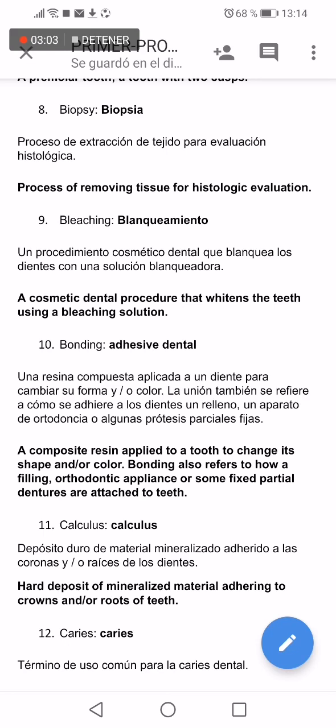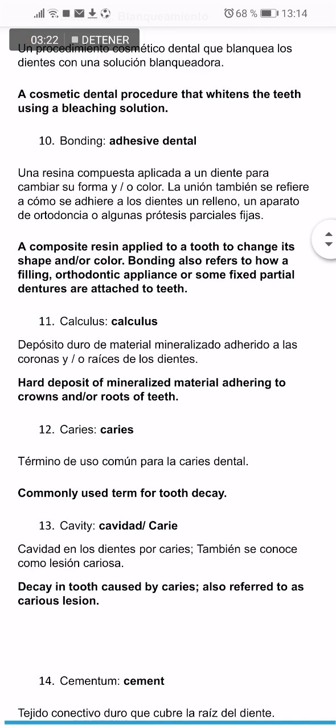Bonding also refers to how a filling, orthodontic appliance, or some fixed partial dentures are attached to teeth. Calculus, que son los cálculos: hard deposit of mineralized material adhering to crowns and roots of teeth.